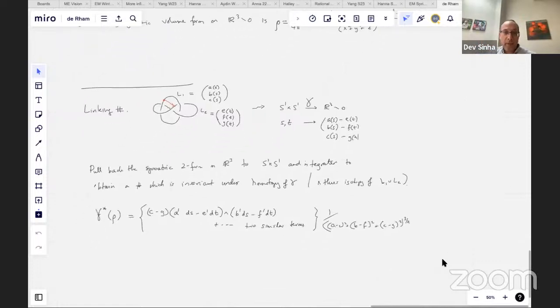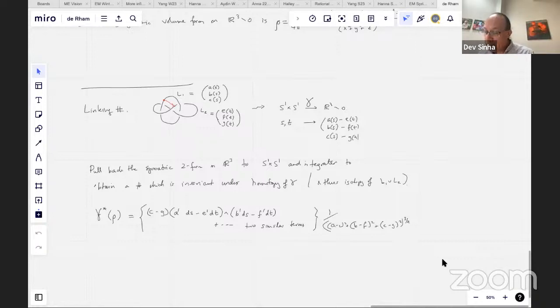Okay. But now we can use the rules for dealing with forms that we discussed last time. And notice that ds wedge ds is 0. That's one of the basic rules of forms.